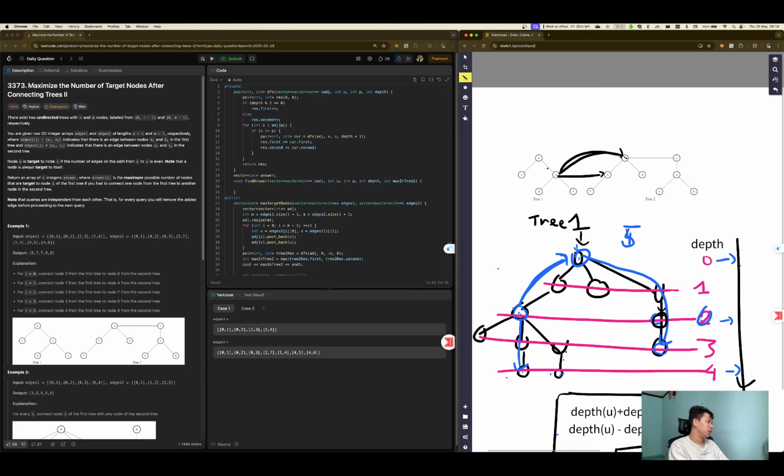If you choose this one, you may reach the even node in this tree, the arch node in the tree, or if you choose another one, you may reach this node in the same level, the odd level in the original tree. But let us make sure that we need to count the number of nodes on the tree. If we only have one node, we don't have odd and even here. Okay.